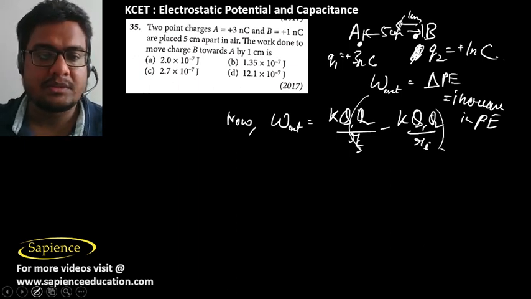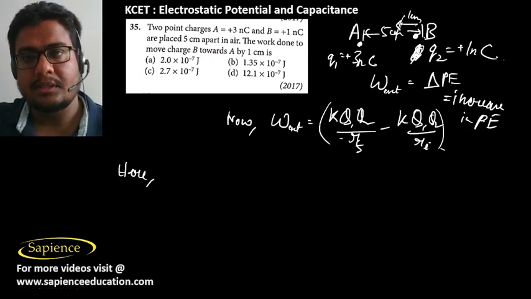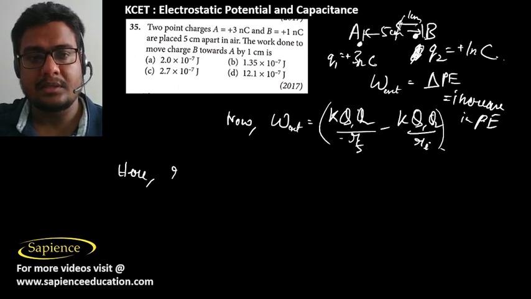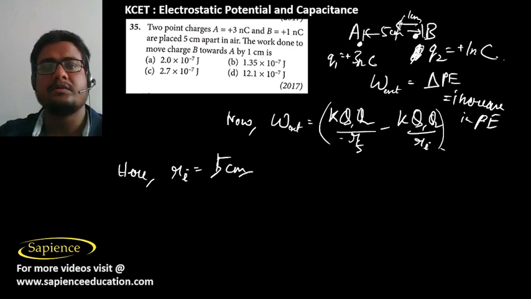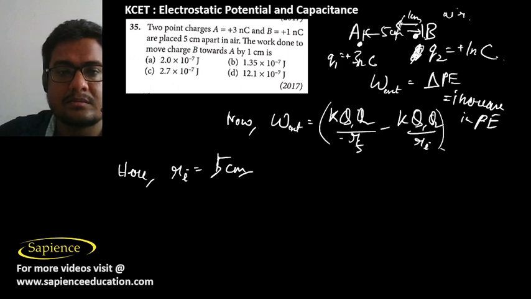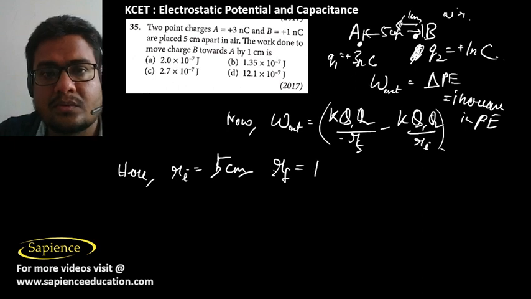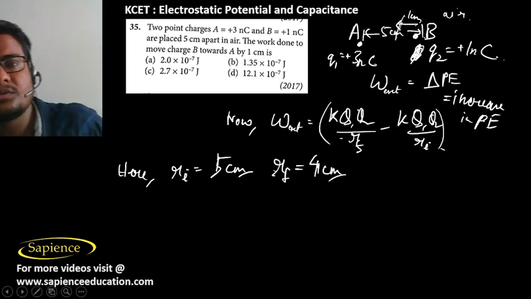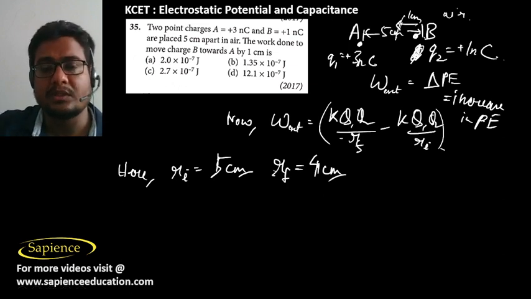So here we can see that initially R initial was 5 centimeters, since they were initially placed 5 centimeter apart in air, and R final is 4 centimeter, since charge B is moved towards A by 1 centimeter.